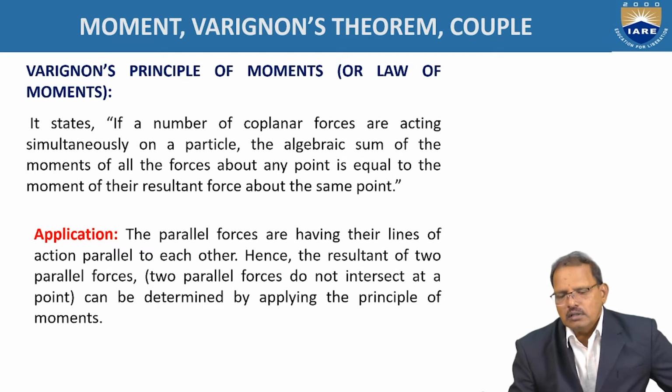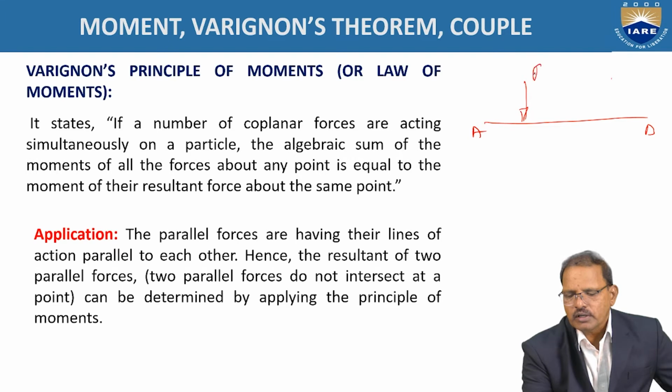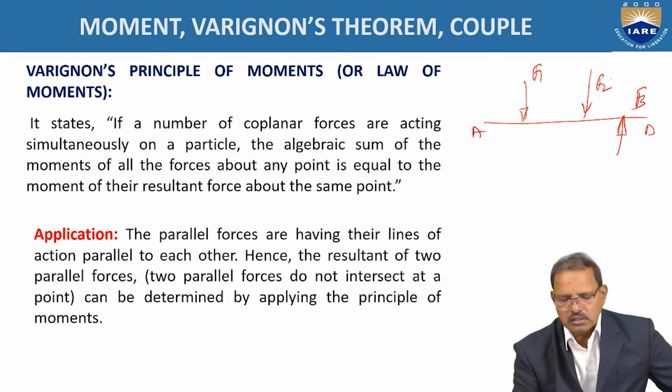Here I am taking one body with points A and B. The forces are there: one acting in the downward direction, F1, the second one F2, and one more force acting like this, F3. That is, three forces are acting on a body. According to the Varignon principle, these are coplanar forces.